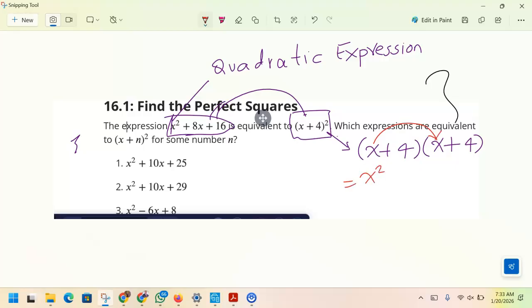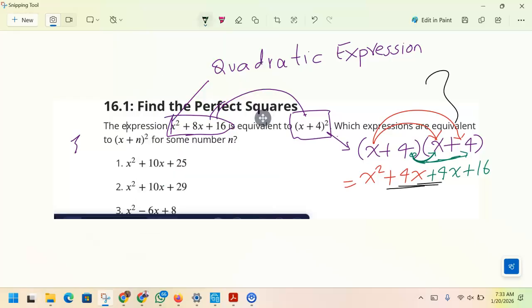Then you multiply x times 4, which gives you 4x. Then we multiply the inner ones: 4 times x is 4x. And the 4 is multiplied by the 4, which gives you 16. So this is so easy. It's not difficult. Just wanted to show that.